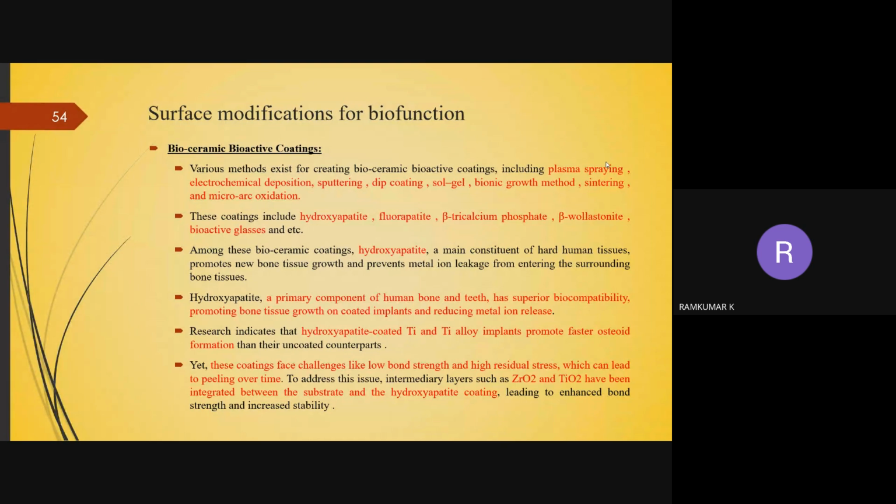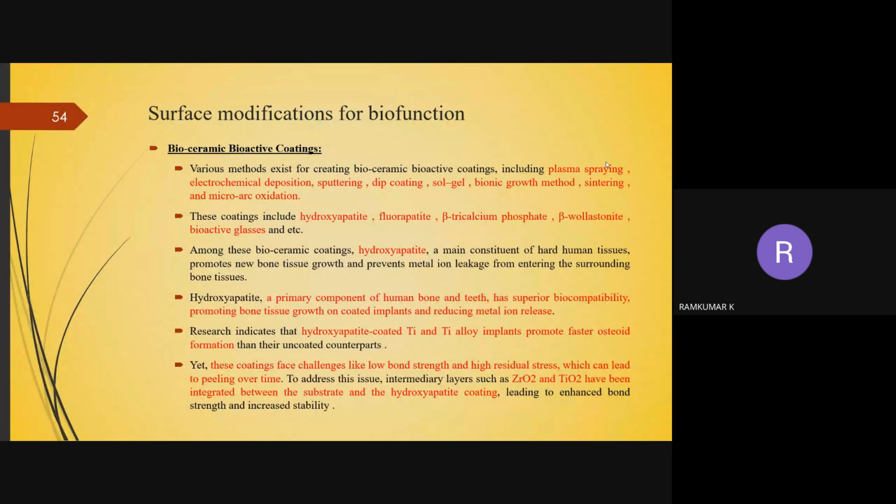Hydroxyapatite is a primary component of human bone and teeth, which has superior biocompatibility, promoting bone tissue growth on coated implants and reducing metal ion release. When this hydroxyapatite coat is given over the titanium, it helps to promote faster osteoid formation when compared to uncoated parts.